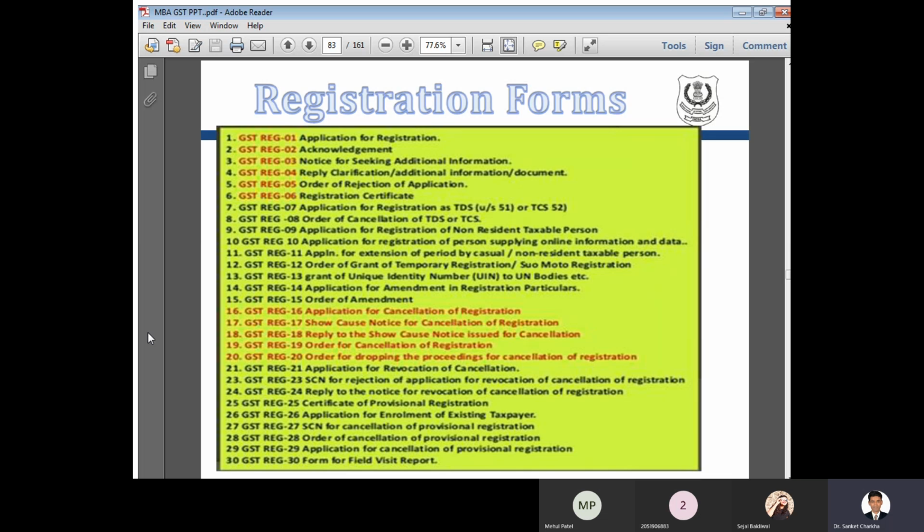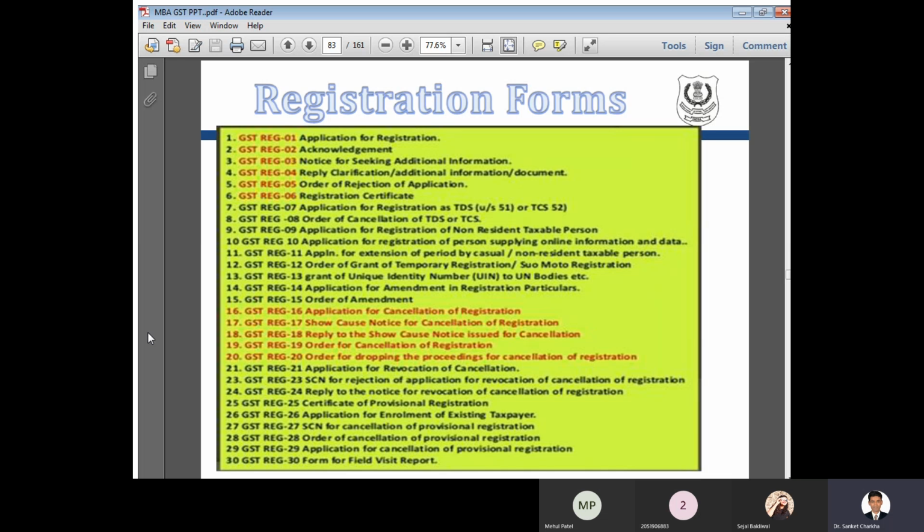Next is the application for registration, benefit for the applicant and benefit for the seller also, and accordingly the information has to be conducted and maintained with all the factors. Then registration forms 9, 7, 10, 11, 12, 13, 14, 15, 16, 17, 18, 19, 20.